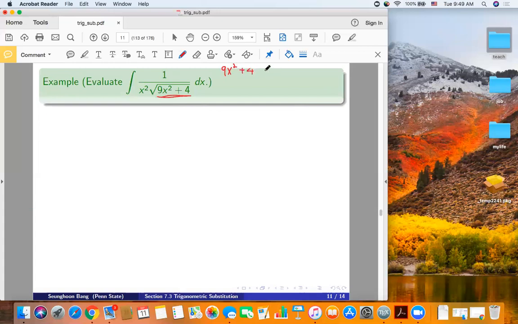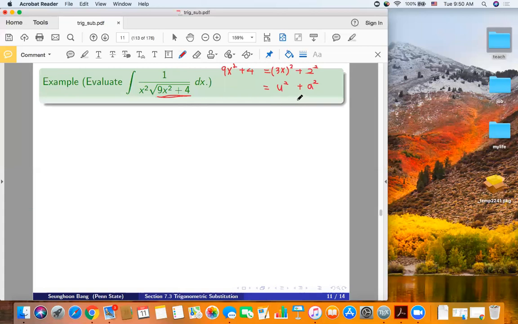I want to change this one to (3x) squared plus 2 squared form. You can compare with u squared plus a squared. Do you remember? What's u?